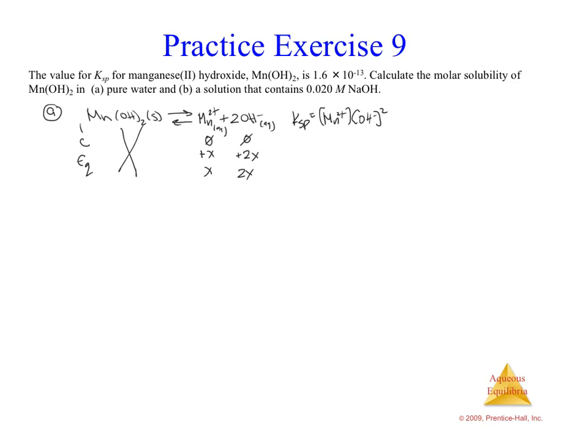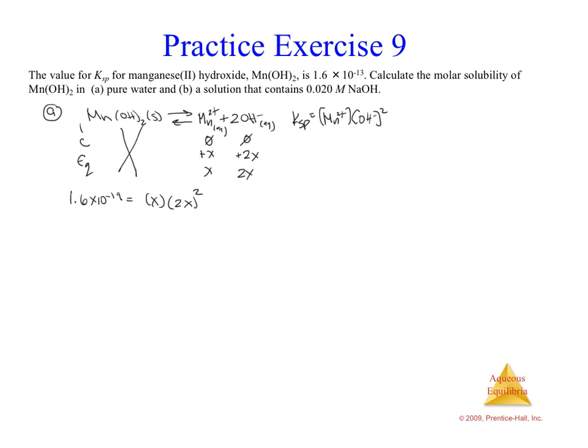I'm given the numerical value of KSP. So I can say KSP, we're told, is 1.6 times 10 to the negative 13th, equals products over reactants. So x times 2x squared. The reactants are solids, so they are not included.